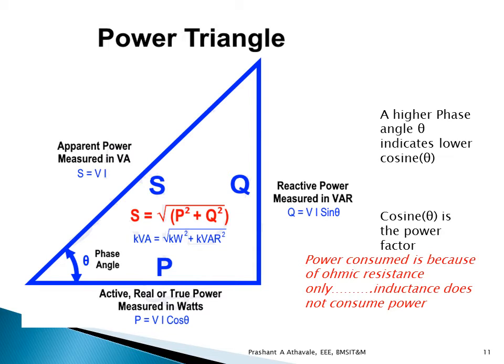If it is closer to zero, then the cosine of that angle will be the required power factor. So you call cosine of theta the power factor. Again, in red letters we have written that power consumed is because of ohmic resistance only. So inductance is not consuming any power.